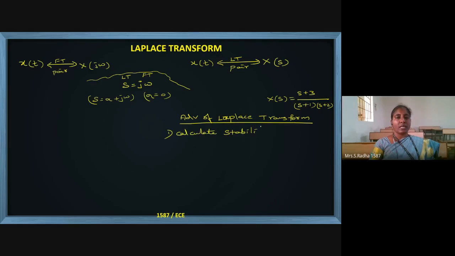We can also calculate the causality of the system, whether it is a right-handed signal or not. We can do analysis on a system, on any networks. We can also derive the transfer function for a system. All these are applications.